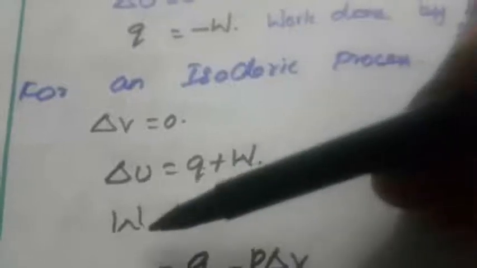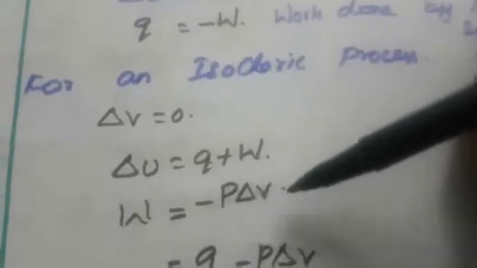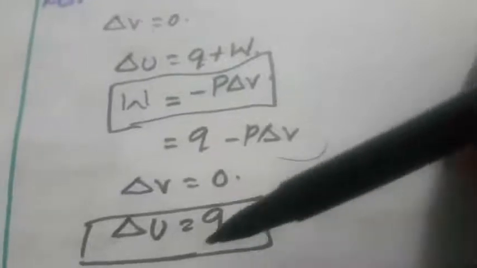Work done W is equal to minus P delta V, which is an important step. Substituting W, Q is equal to minus P delta V, but delta V is already 0. So this is the condition for an isochoric process: delta V equal to 0, and delta U is equal to QV, the heat absorbed at constant volume.